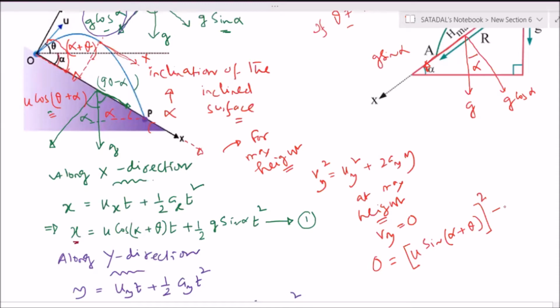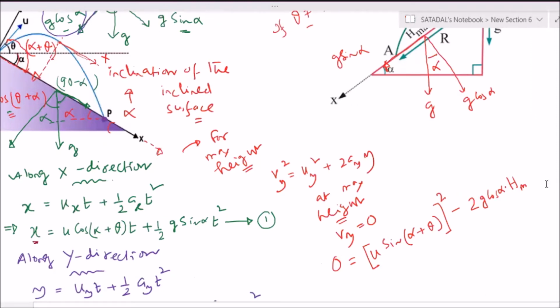Minus, what was ay? This is ay. ay is g cos alpha, into h max. So what h max will you get from there?